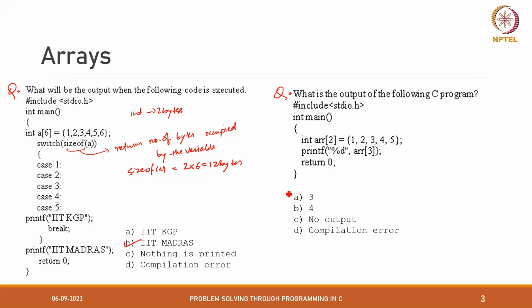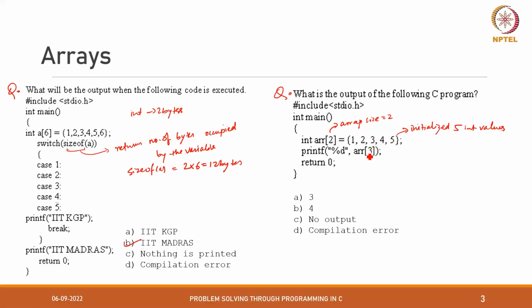We have specified the array size as 2, but we have initialized 5 integer values, right? So there is a mismatch here, because our array size is 2 and we are initializing 5 int values.